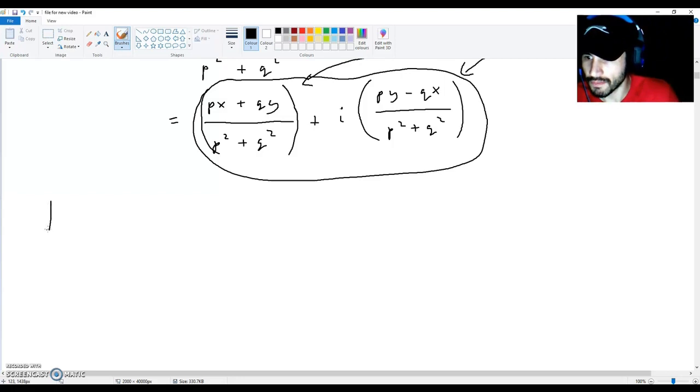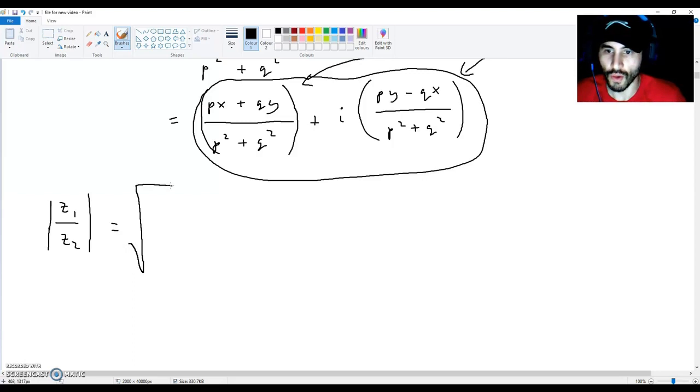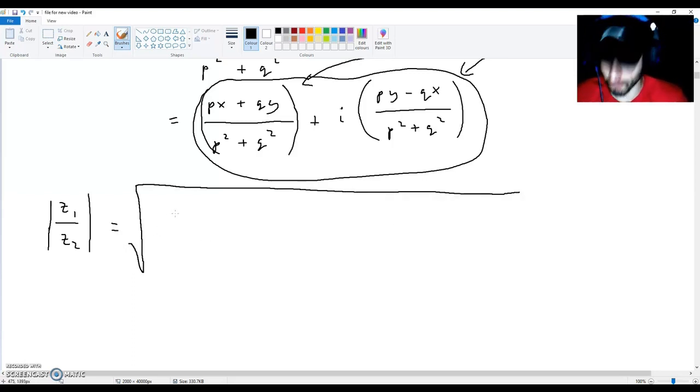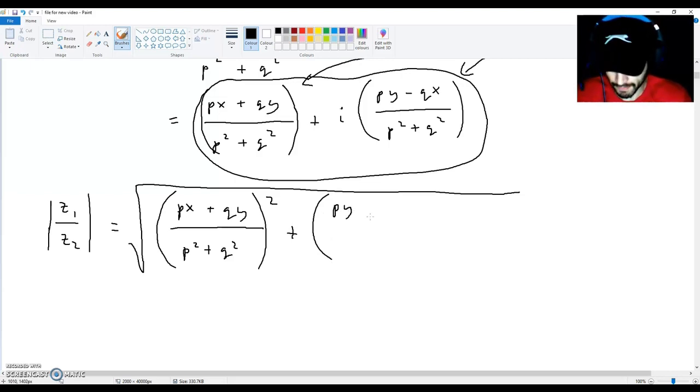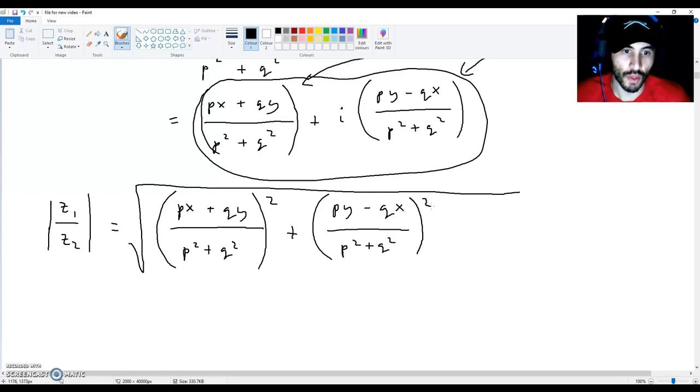The magnitude of Z1 over Z2 is going to be equal to root, look how big that is, brackets px plus qy over p squared plus q squared, squared, plus brackets py minus qx over p squared plus q squared, squared.